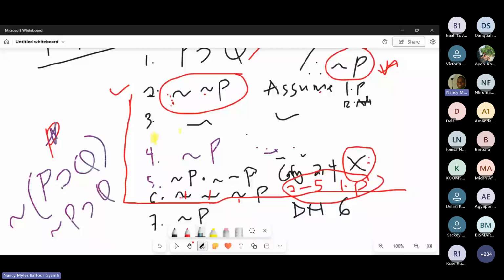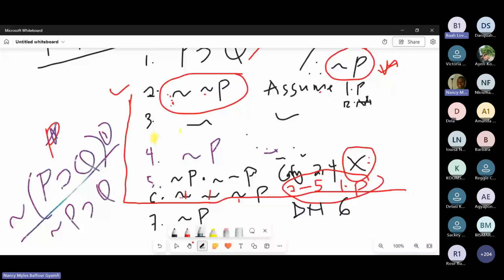What formula is the first one? Which compound is that? I want chorus answers, my dear friends. Negated conditional.